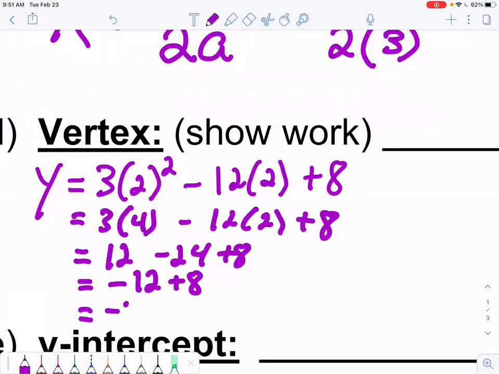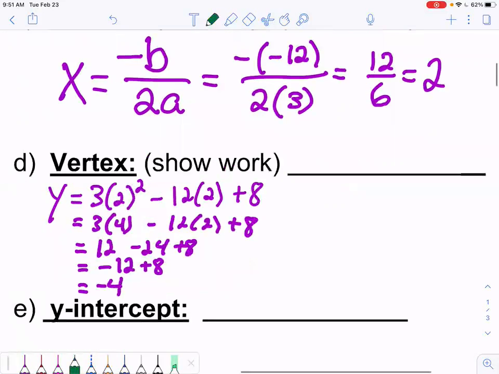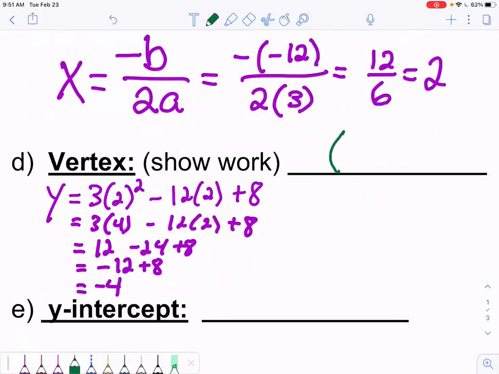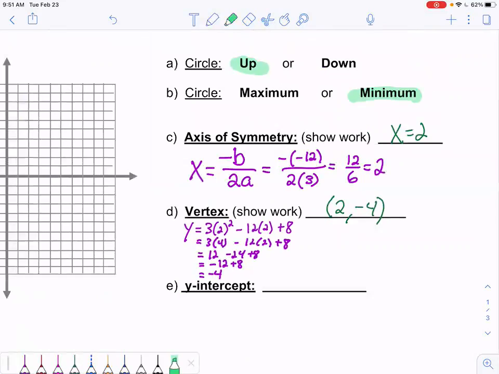-4. Good. And then the big question is, how do we write that for a vertex? What would we write up here on the line? 0, -4. Not 0. What was your x value there? 2. Good. 2, -4. And I think that's one thing that's easy to mistake. So we have our first value is x equals 2.